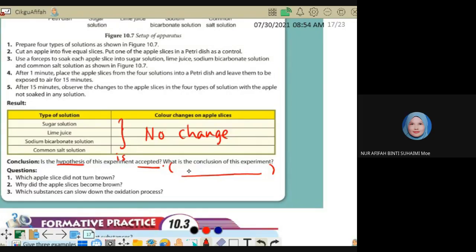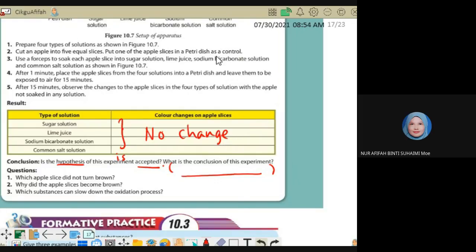Okay. Solution that containing antioxidant apa? Give no effect to the slice of apple. Okay. Can slow down the oxidation process on apple. Solution that contain antioxidant can slow down the oxidation process on apple. Means there is no change occur on the apple.